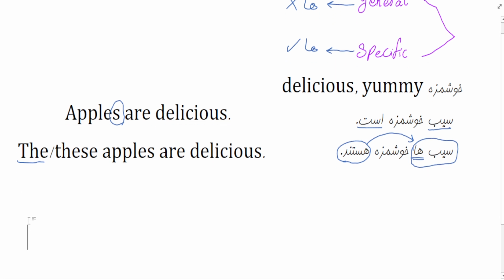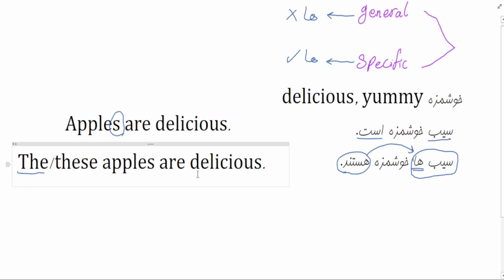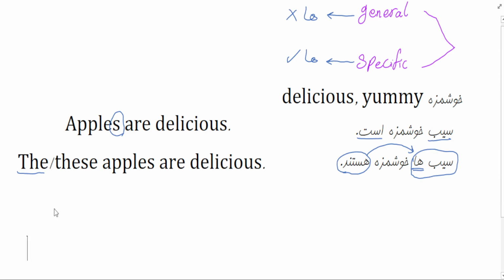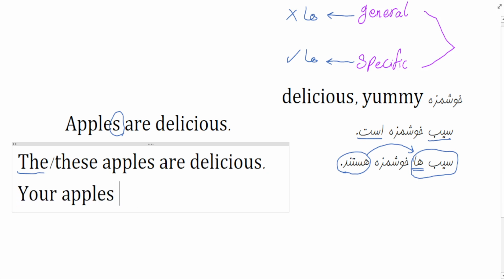Now, I think I need to give you another example. Maybe next slide. Again, first I need to give you new vocabulary. Before we switch to this slide, for example, your apples are delicious.